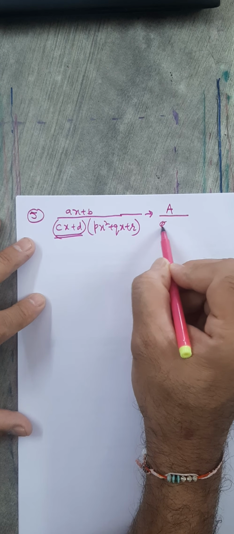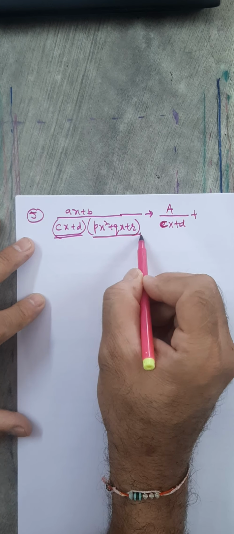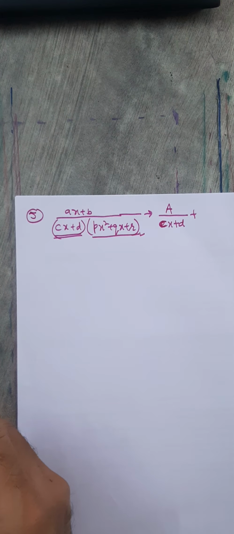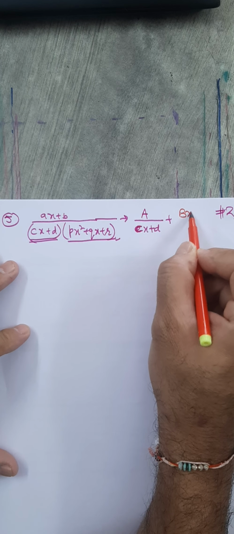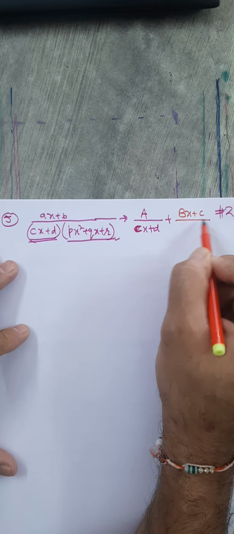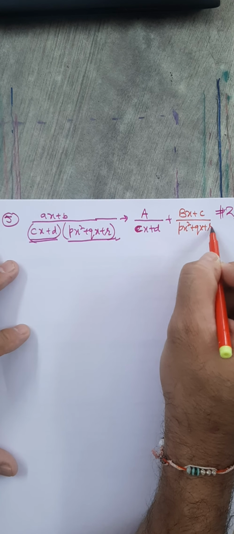So a upon cx plus d plus, now this is quadratic. What's the derivative of any quadratic? You know it is a linear function. So we'll write here bx plus c, because a is already used, bx plus c upon px square plus qx plus r.